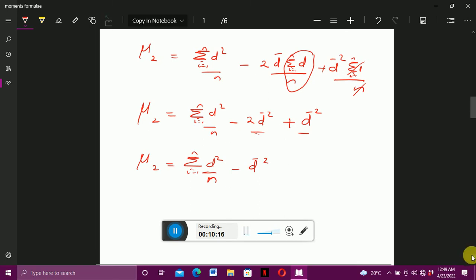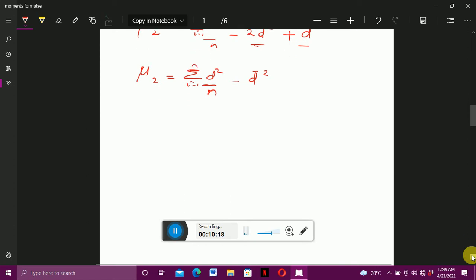Okay, so we continue. Before we do that, first of all, this d bar squared can actually be written this way. We have mu2 is the sum from i = 1 to n of d squared over n. Now this d bar can still be written as sum of d divided by n, but now it is squared.